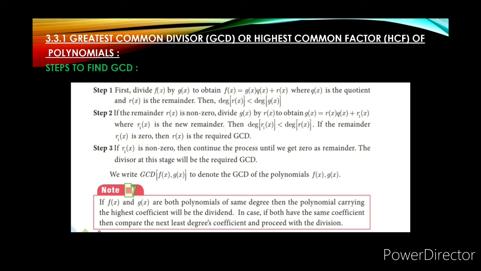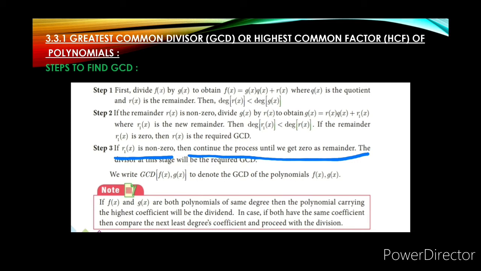Come to the third point. I will explain while teaching a problem. Step 3: if r1 of x is non-zero, again if we get a non-zero remainder, then continue the process until we get 0 as remainder.